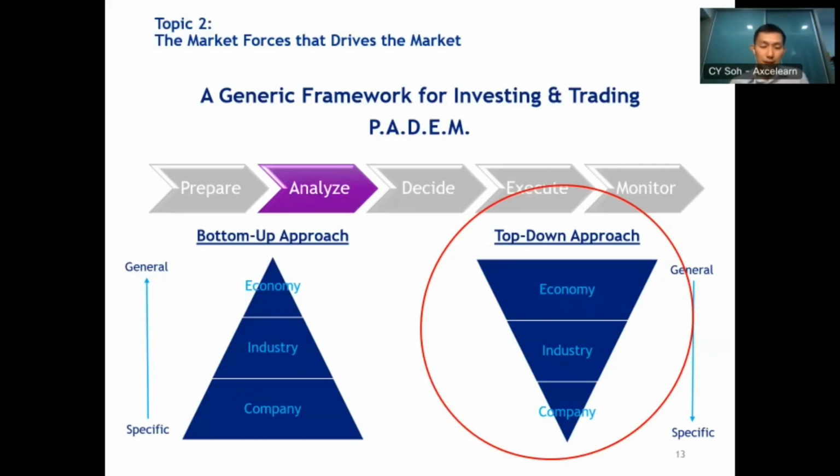If you trade the stock market, you can use either method. But when it comes to the futures market, FKLI and FCPO, it is more about looking at the bigger picture of the market. So using a top-down approach, spending a little more time gathering information and analyzing the bigger picture of the economy makes better sense.